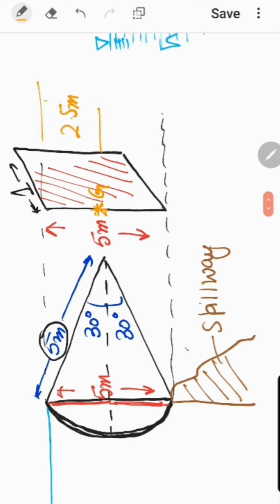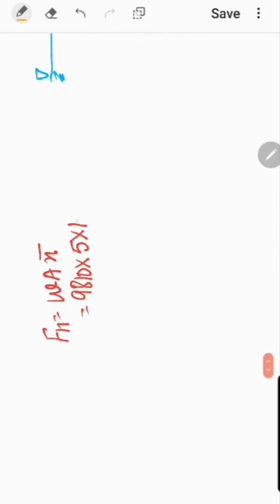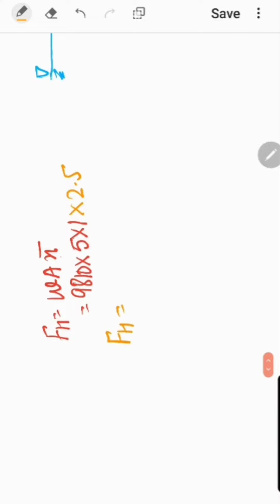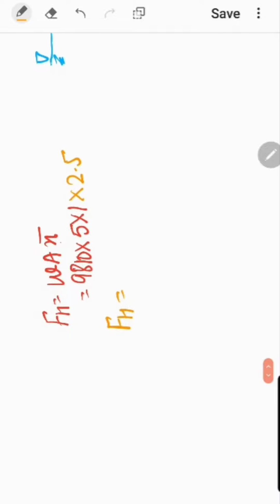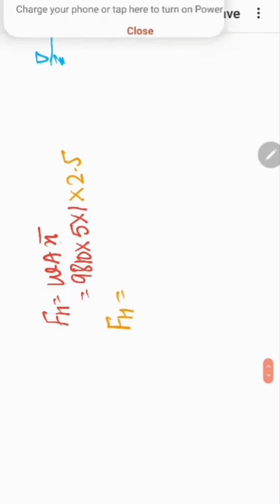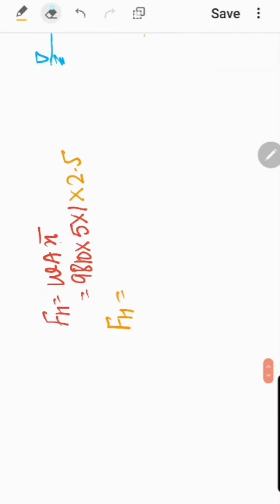Excellent students. So multiply this with 2.5, but in this problem the acceleration due to gravity is given as 10. So we need to take acceleration due to gravity as 10 in this problem. Now if we take 10, the specific weight of the fluid is going to be 10,000, that is 1000 into g, that is 10.